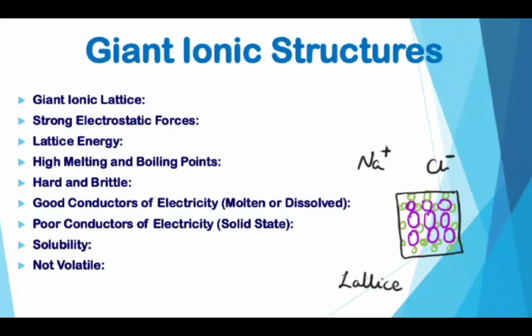So then we say it's a lattice structure. An example of a giant ionic lattice is NaCl. Strong electrostatic forces exist between them simply because they are equal and opposite.